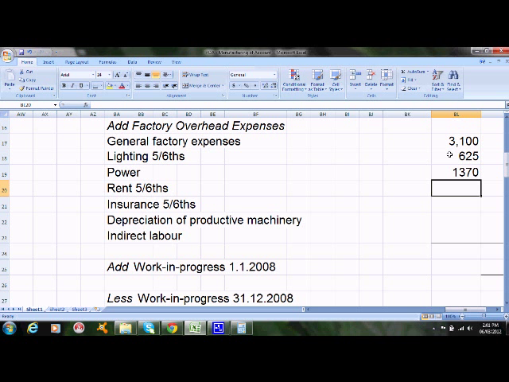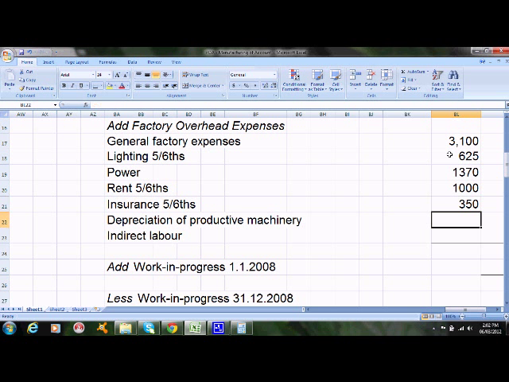So you calculate the 5/6, and you get 1,000. 5/6 of 1,200 gives you 1,000. Insurance, 5/6 again of the total amount of insurance. 5/6 of what? I think it's 420.